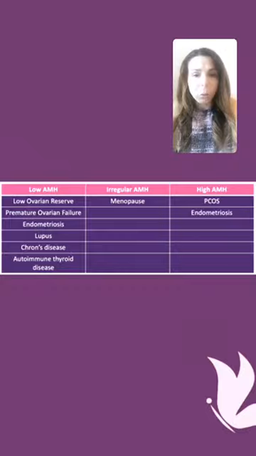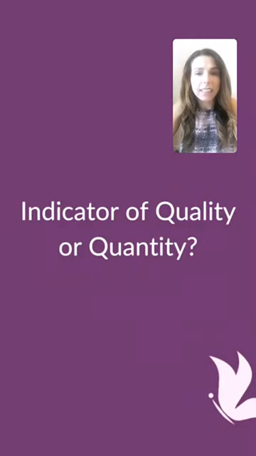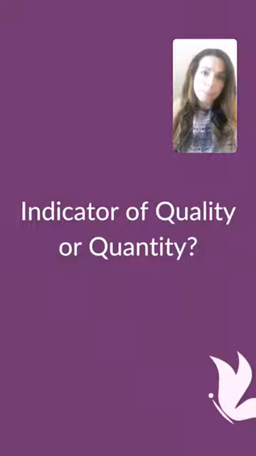But the question here is, is it a good indicator of quality as well as quantity? And the answer is no, it just gives an indication of quantity. So it's a good measure of ovarian response in IVF, of how many eggs you're likely to have, but it's a poor predictor of taking a baby home.